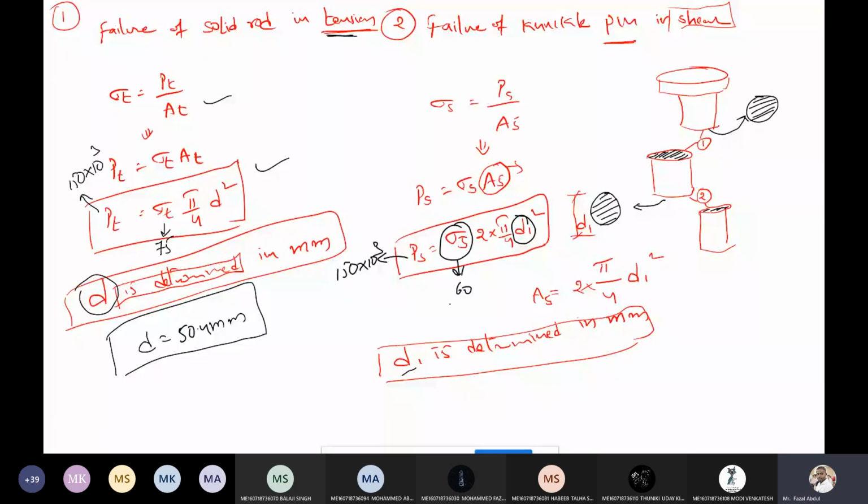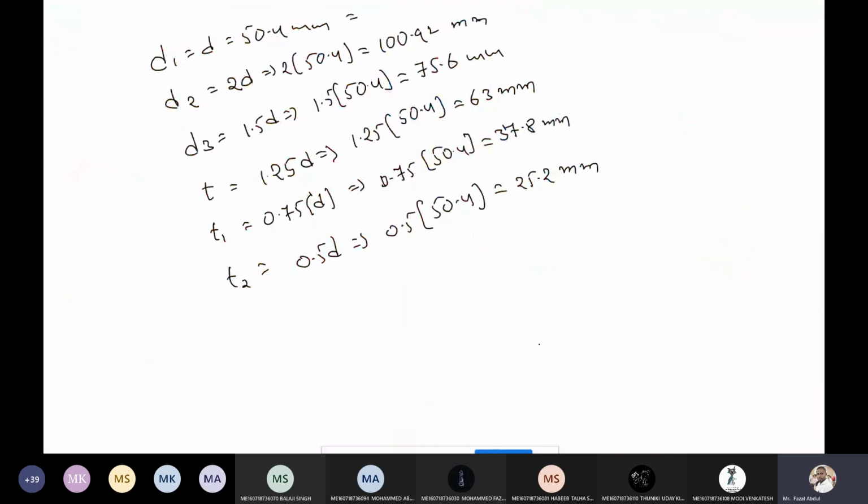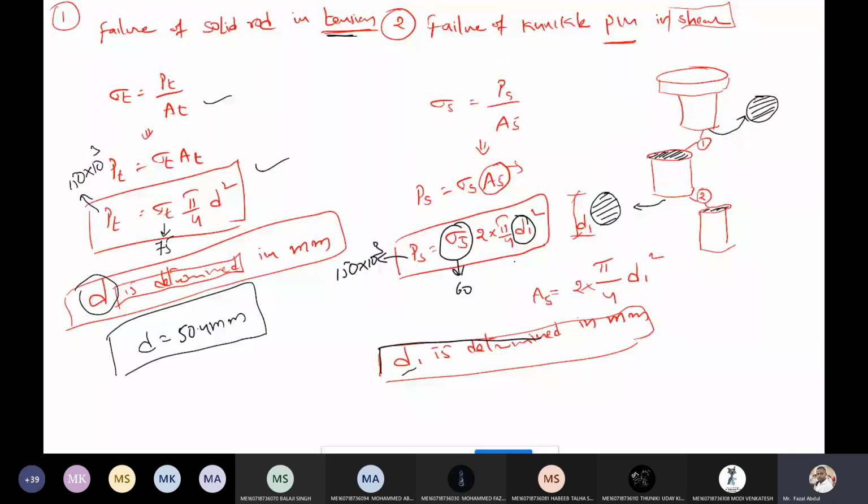With this, calculate the D1 value and check with this value. First get the D1 value by using the shear criteria.